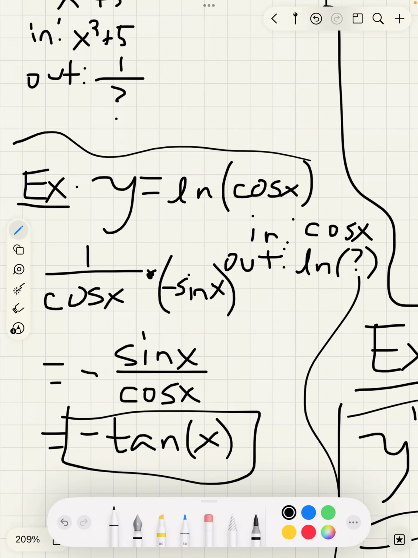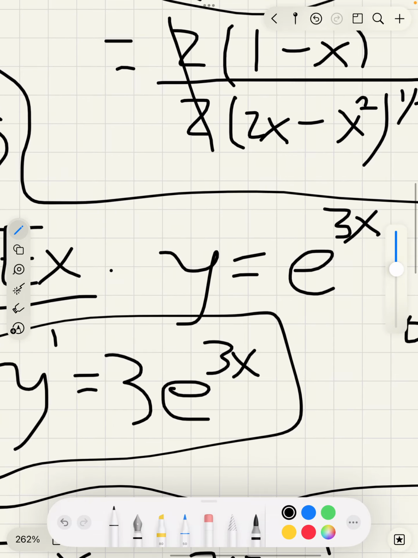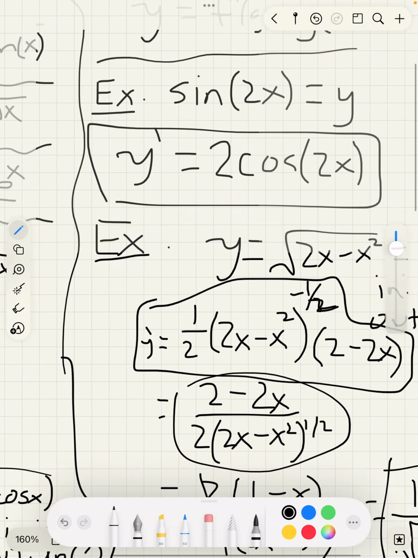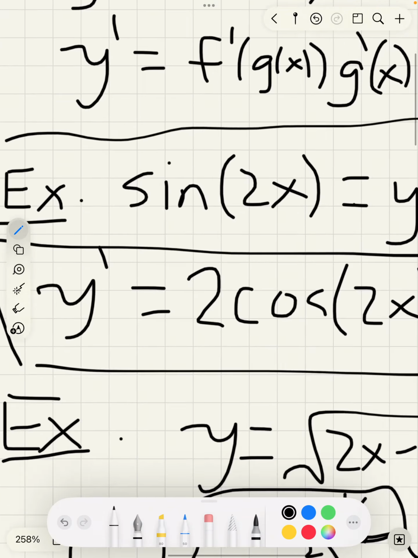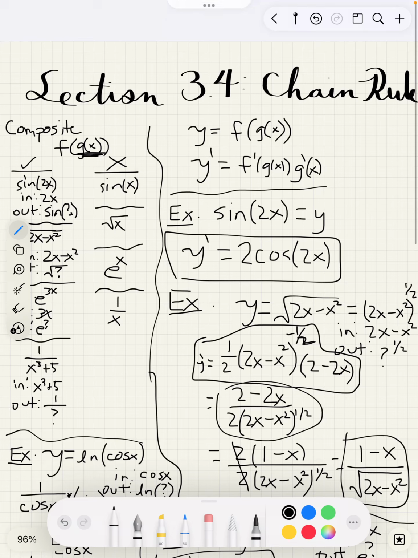Sometimes these will end up having kind of nested chain rules where you have to do it a couple of times. But honestly, the ones that are simple, like this e to the 3x or this sine of 2x, right, those will kind of become second nature to you as you do more and more of these. But yeah, that's the chain rule.